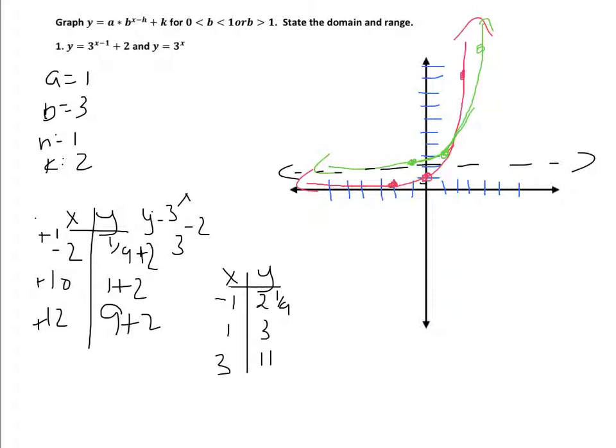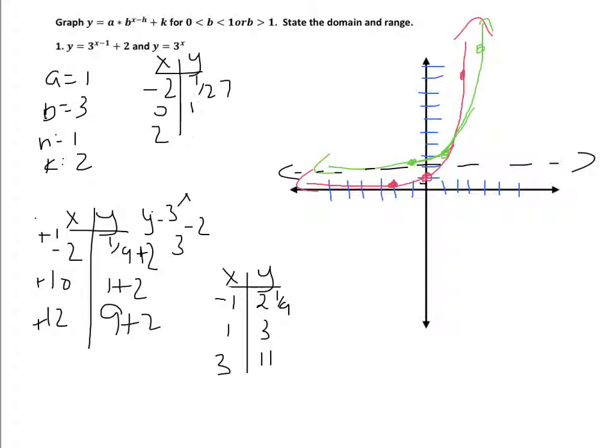Or you could have just done still negative 2, 0, and 2. And you would have gotten 1/27th, 1/3, 3. And it'd still be the same graph. Oh, wait. Hold on.